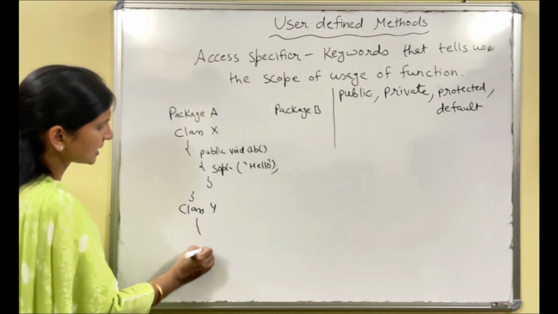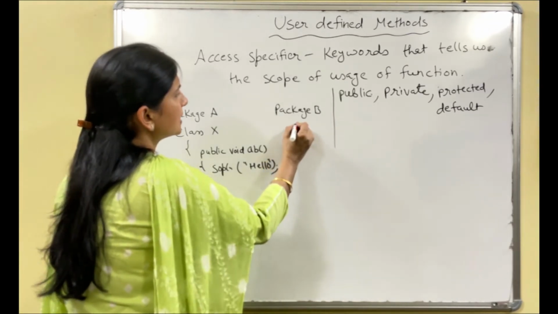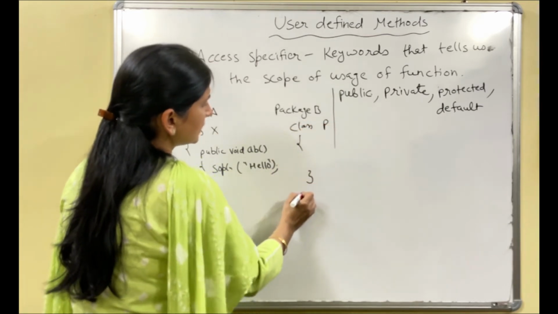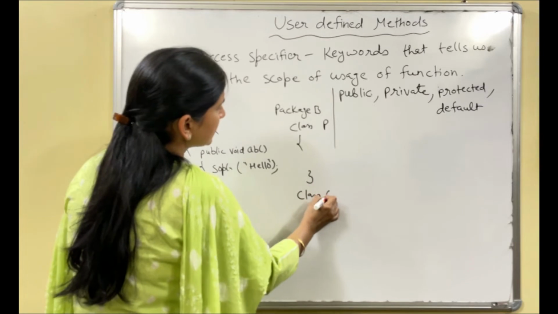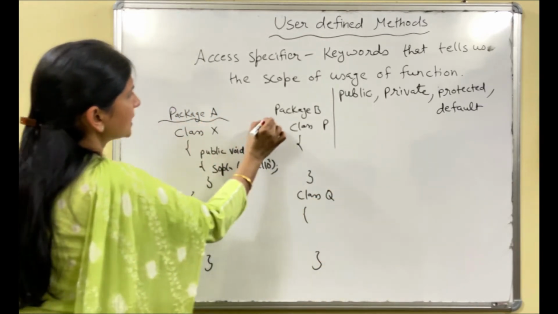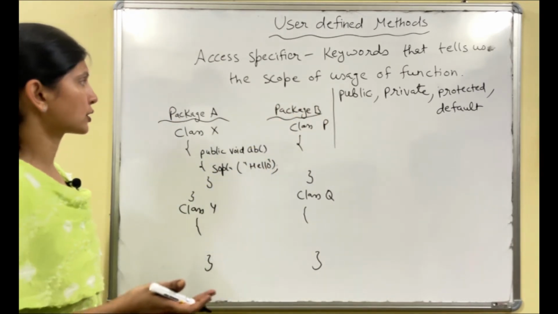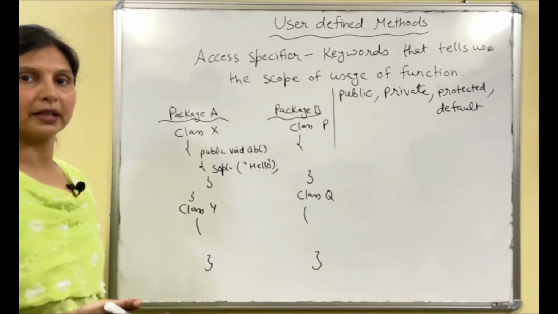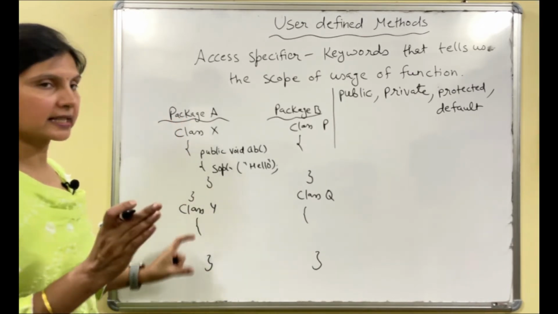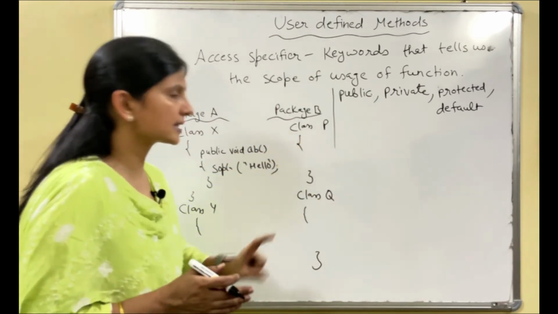So one more class is class Y. And in package B, class P is there, and one more class, class Q. Two packages, package A, package B. Packages can be user defined also. We can make our own packages. So in package A there are two classes, class X and class Y. Package B has two classes, class P and class Q.